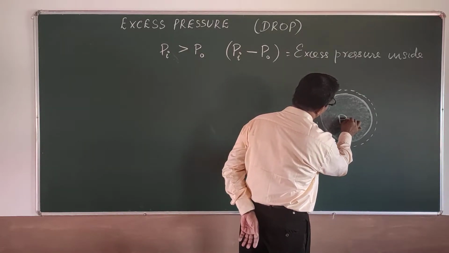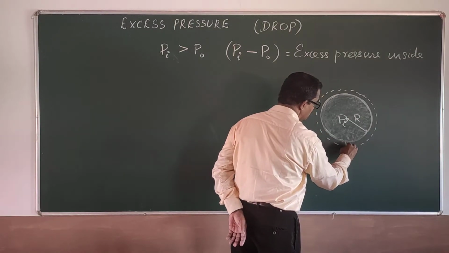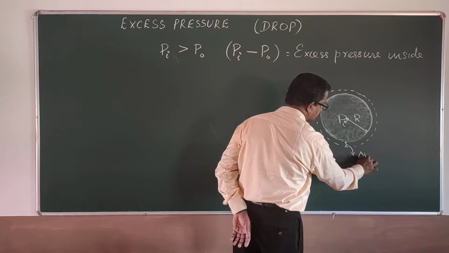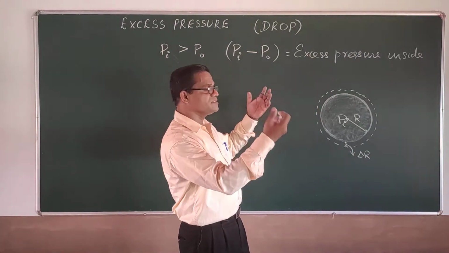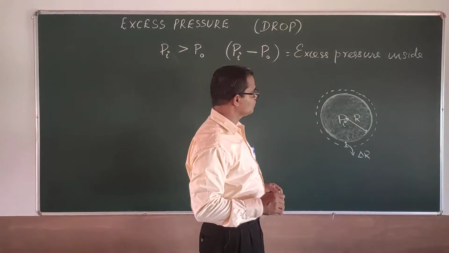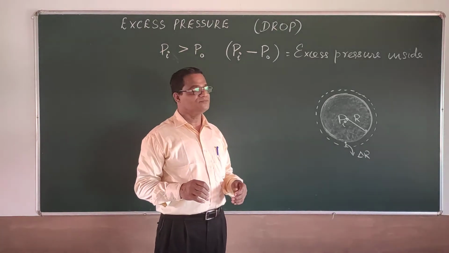Assume that the radius of the drop is r, and this increase is delta r. So an amount of work is done and the surface is increased through delta r, without change in the temperature of the system.